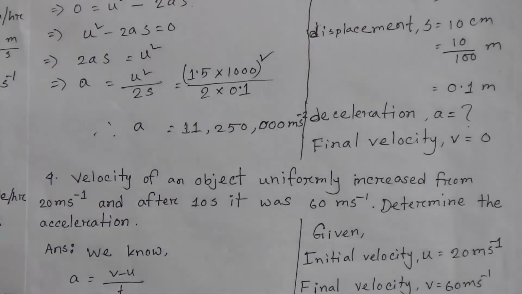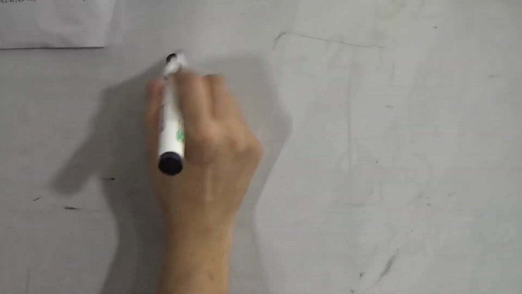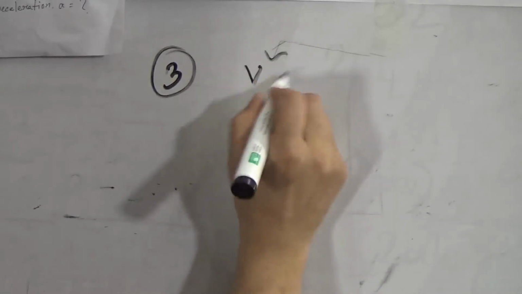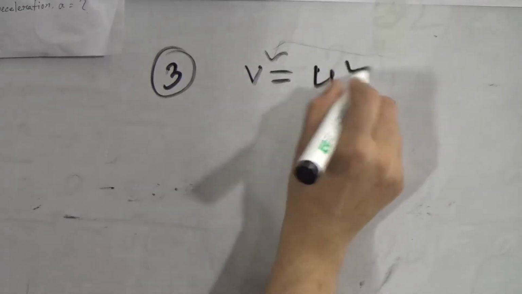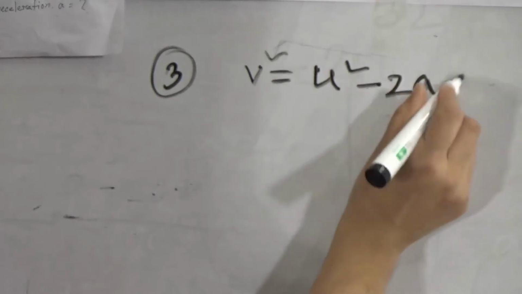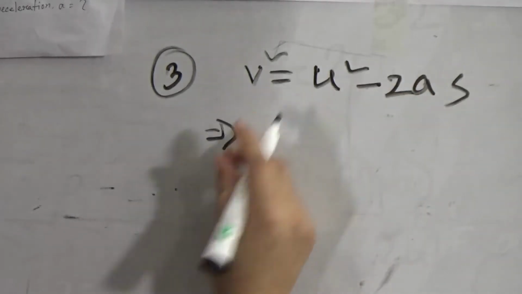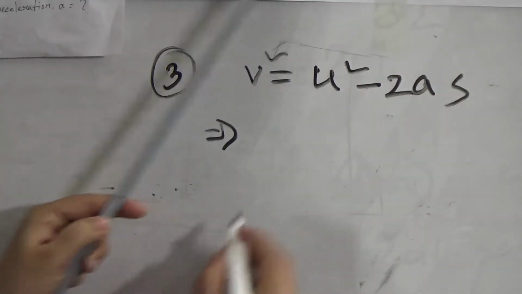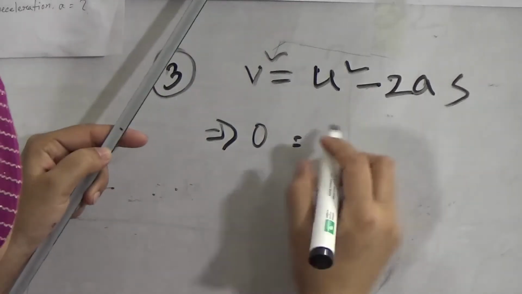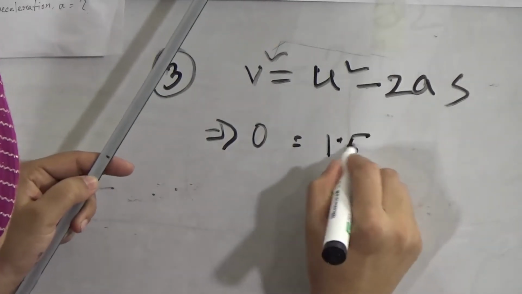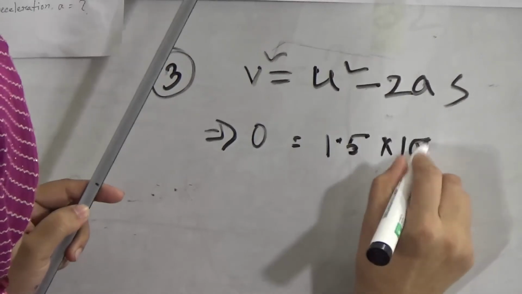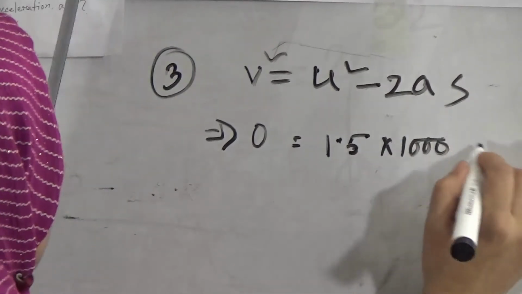We know v square equals u square minus 2as. Here the given final velocity v is 0, initial velocity is 1.5 into 1000 square.